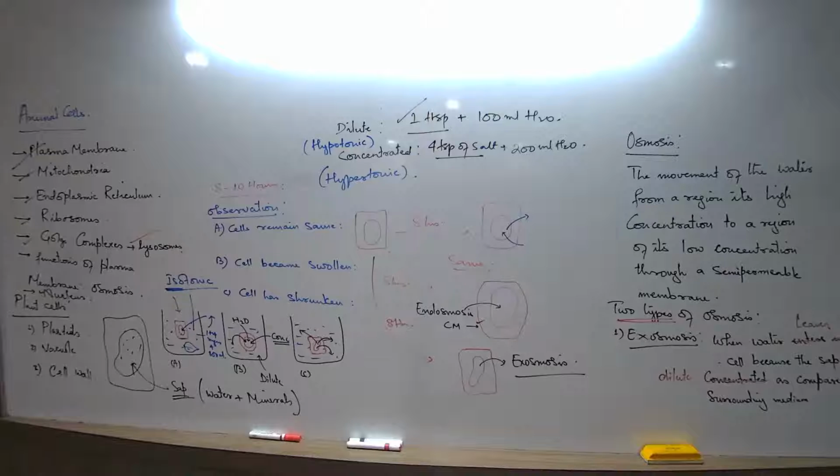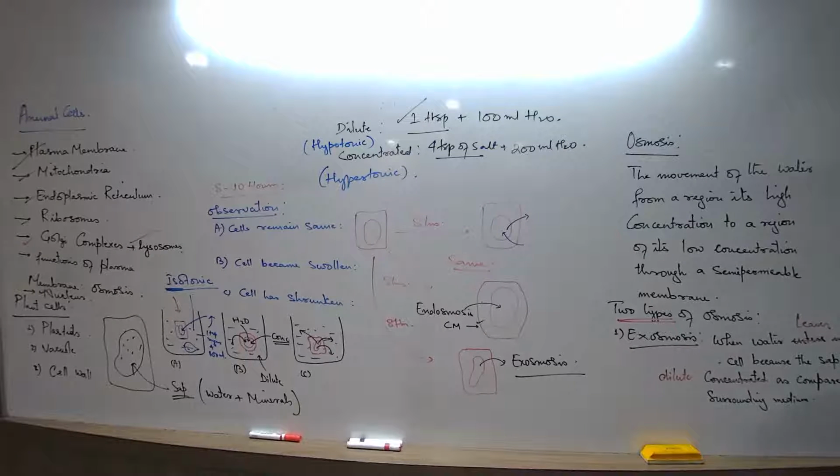यहाँ पे what type of a solution is this? ये बाहर वाला solution. What is this? Hyper. तभी तो this is hyper. This is hypo. Hypo से hyper हमेशा water move होता है. Direction of water movement is always from dilute to concentrated.